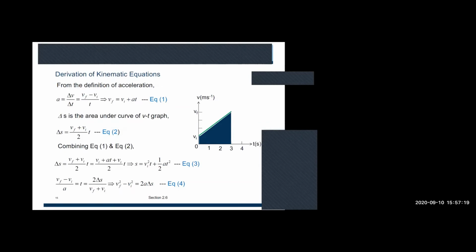The first equation is a very general one. When you have a constant acceleration, that means the velocity is changing linearly with respect to time.